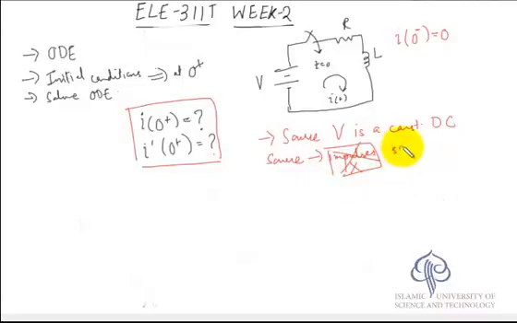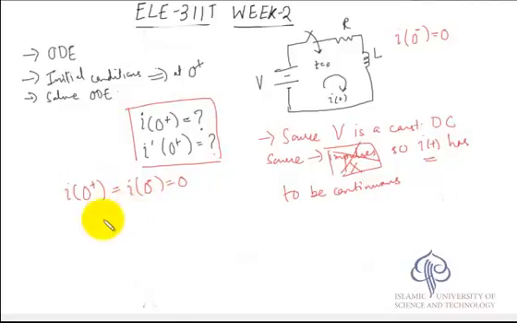So inductor current has to be continuous, because any discontinuity in the inductor current would imply that the applied voltage has something that goes up to infinity. So inductor current is continuous means that I(0+) is going to be equal to I(0-) is going to equal 0. So this is one of the two initial conditions that we have found.